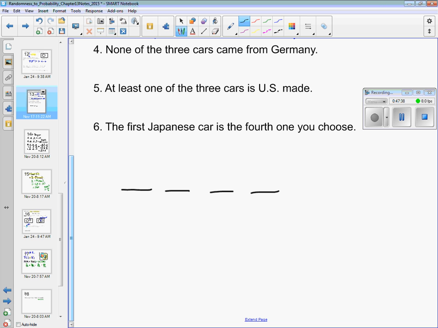You don't care about that yet, but it's coming in the near future. But the first Japanese car we find is the 4th one. So what's the probability of a Japanese car again? 0.3. And so what probability do I fill in before it? 0.7, because those are all not Japanese cars. Would you agree? First one was not Japanese. The second one was not Japanese, and the third one was not Japanese. The first Japanese car was the 4th one. And then you just multiply them together.